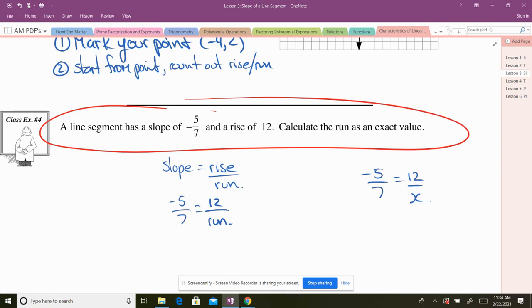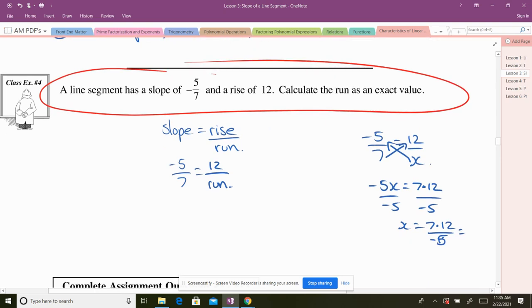So the 7 gets multiplied up to the 12, and the x gets multiplied up to the -5. So you get -5x is equal to 7 times 12. How do I get rid of the -5? Divide both sides by -5. So x is equal to 7 times 12 divided by -5.